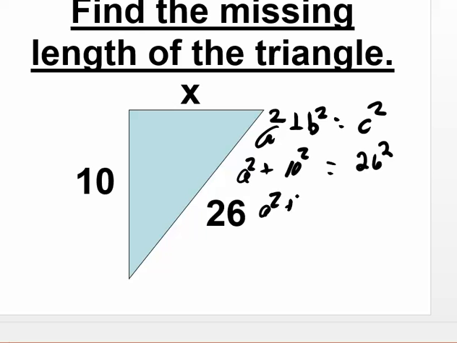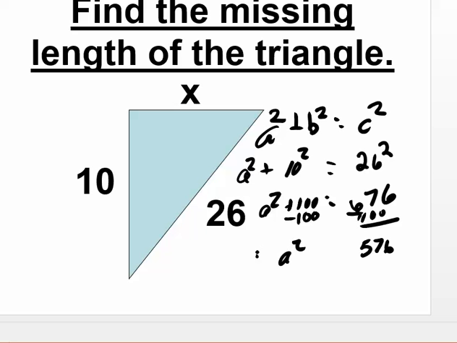A squared plus 100 is equal to 26 squared, which is 676. Subtract 100, 576 is a squared. Find the square root of both of those. This is a, and the square root of 576 is 24. So the missing side is 24.